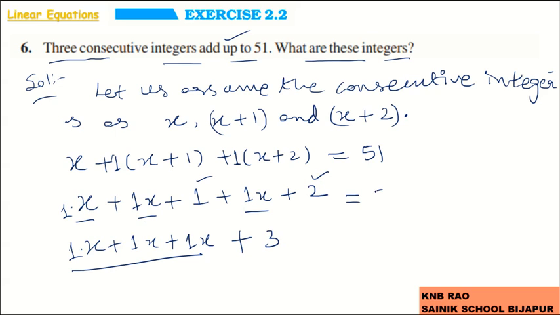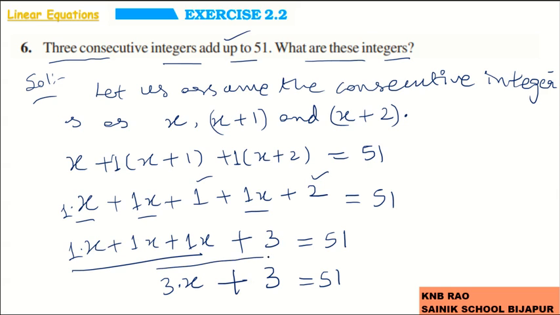Now the right hand side, 51, I am writing as it is. Now 1x plus 1x plus 1x is plus 3x, and plus 3 is an unlike term with the variable term 3x, so 3x plus 3 equals 51. This is the equation formed.